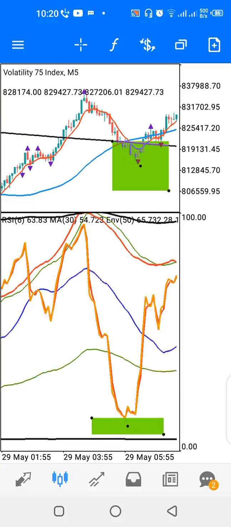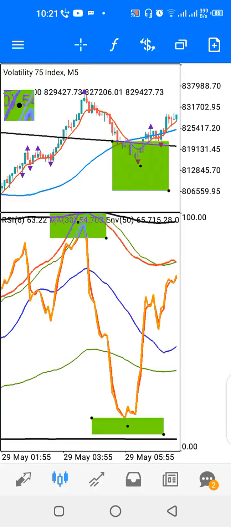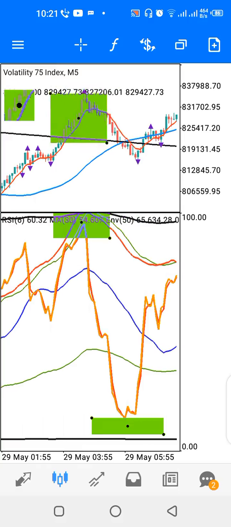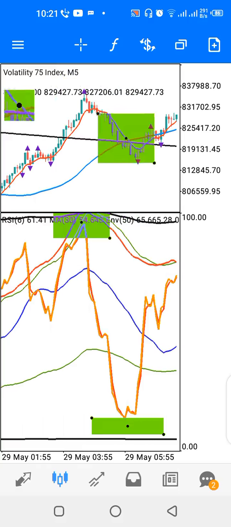Like I said earlier, when this upper envelope line bends upward and touches the upper black Bollinger Band like we have around here, then price may dip. And look at what happened. Price dipped.